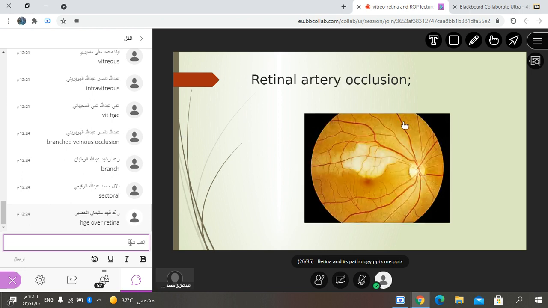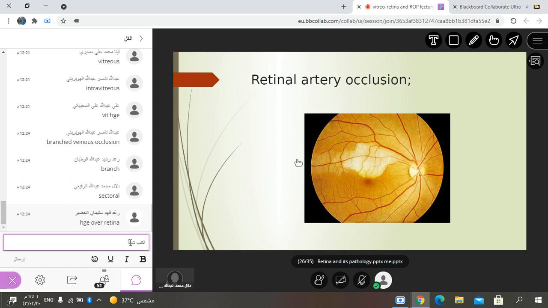Now here, in description, from the female side, describe. Anyone? Ischemic whitish, Dalal, yes, describe fully. Ischemic whitish of the retina. No, describe fully, I mean this is a picture of the right eye.